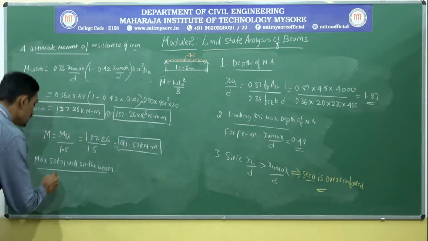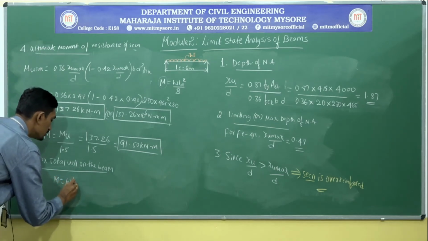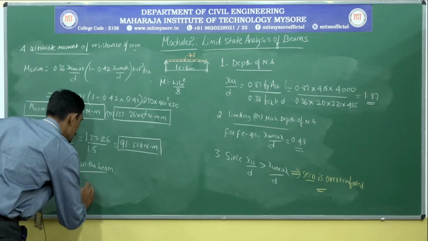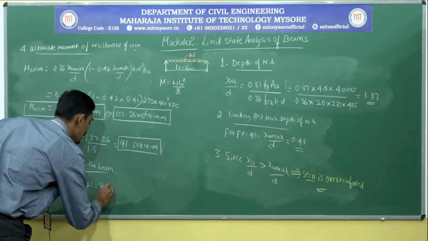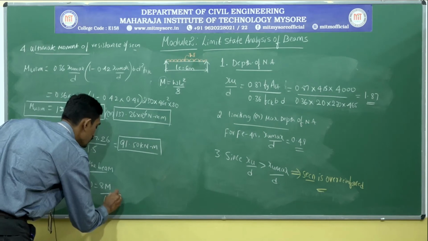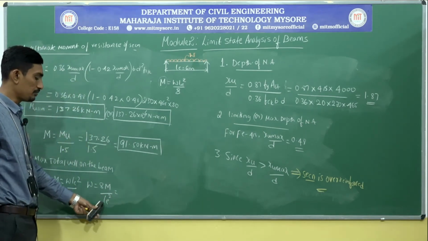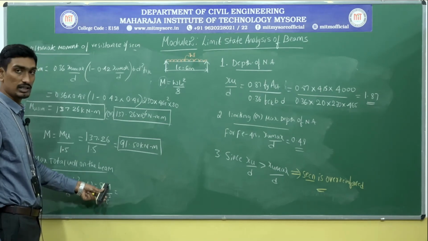Okay, so with this formula, since M is known, W is equal to 8M by L square. So please keep this in mind. L should be in meter and M is in kilonewton meter. Please observe all these things.